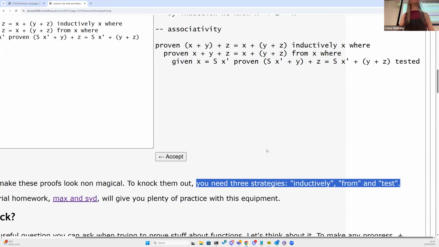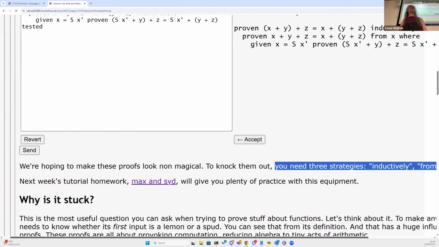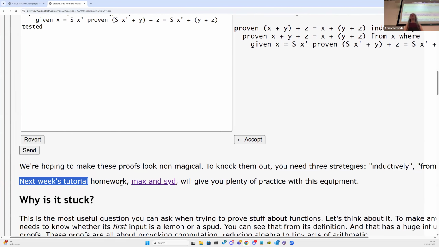So your homework, which is already online for next Thursday, is a bunch of programming and proof examples that are very much like this. And I promise you that I have constructed them very, very carefully so that you can kick them to death with only induction, from, and test.